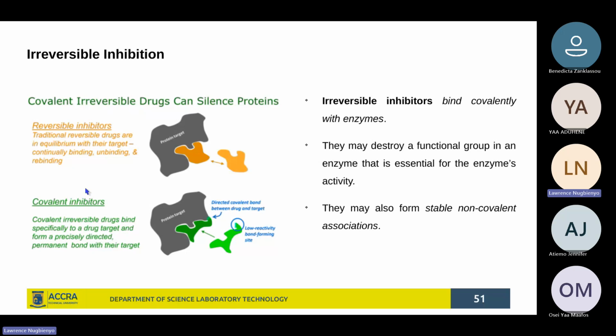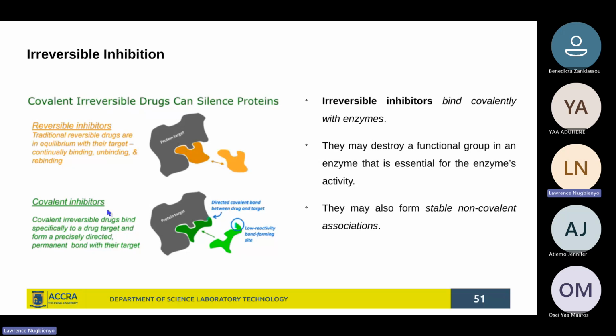So you see being depicted here, for the reversible case, you have a protein target, that's the enzyme, which is orange, and the inhibitor binds to that protein target, but it can also dissociate from it. So the arrow is shown in two directions, meaning that it is reversible. Now you can also have covalent inhibitors, meaning that the bond which is formed between the enzyme and the inhibitor is so strong, a covalent bond, that you cannot undo it.